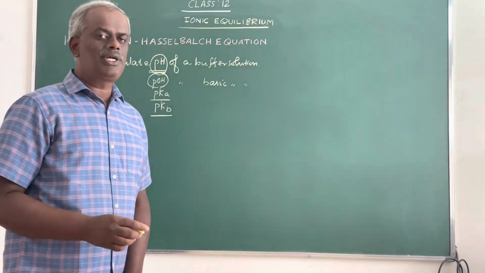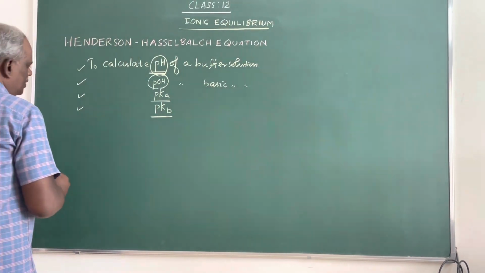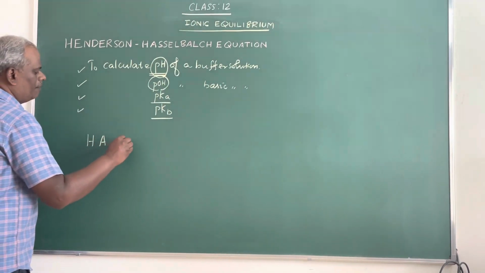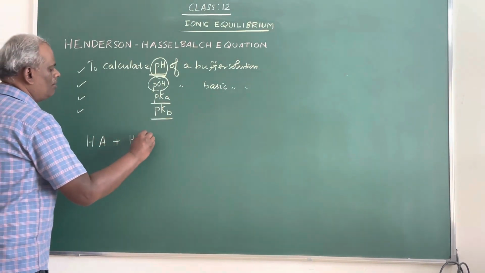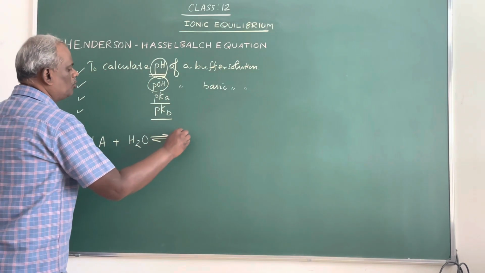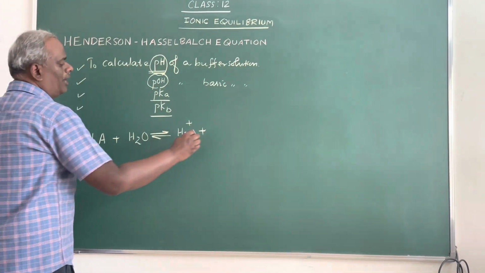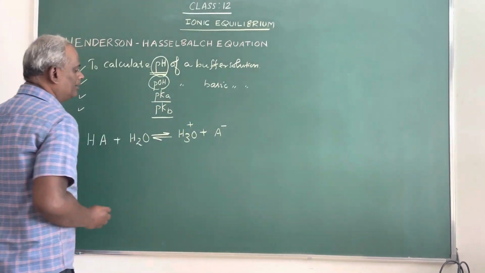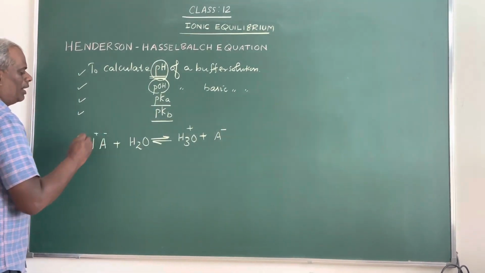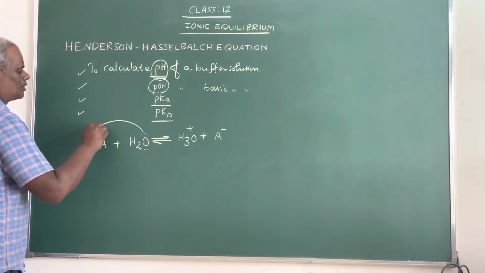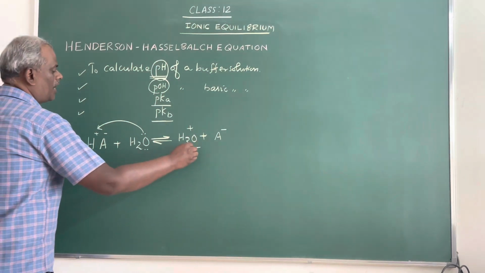Let us first consider an acidic buffer solution: HA, a weaker acid. When it is dissolved in water, it dissociates to form hydronium ion and A minus ion. The water gives an electron pair to this hydrogen, so we obtain the hydronium.